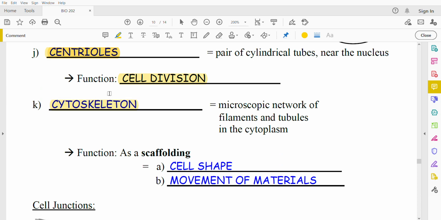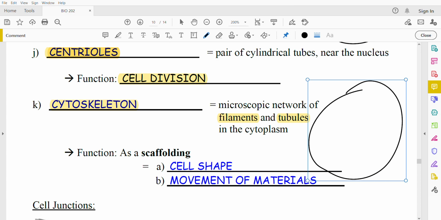And cytoskeleton is this bunch of different kinds of filaments, different kinds of tubules within the cytoplasm. If you think of their structure, you can consider them as working as the scaffolding of the cell. Again, I'm just drawing a very simple diagram of the cell.